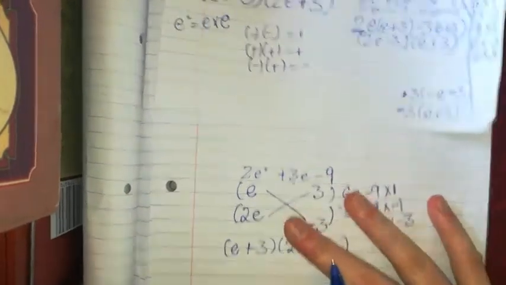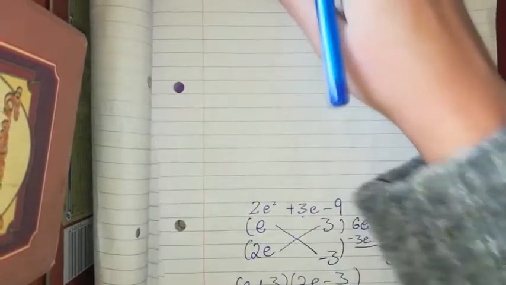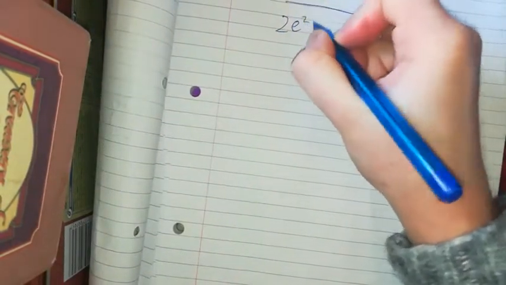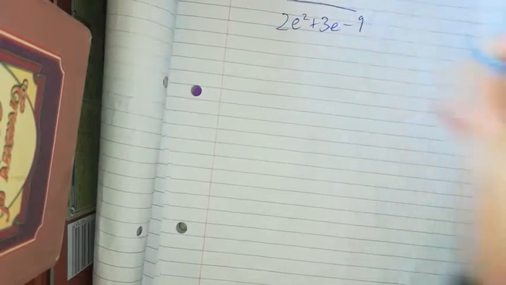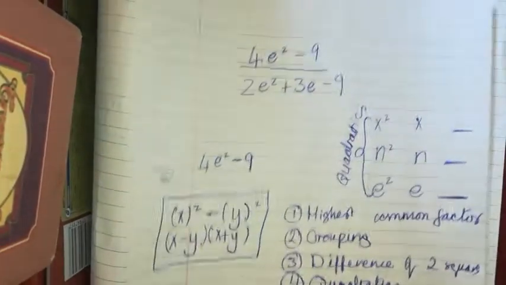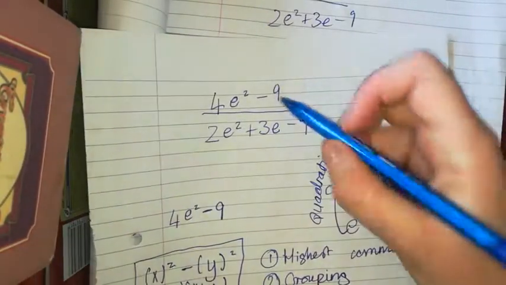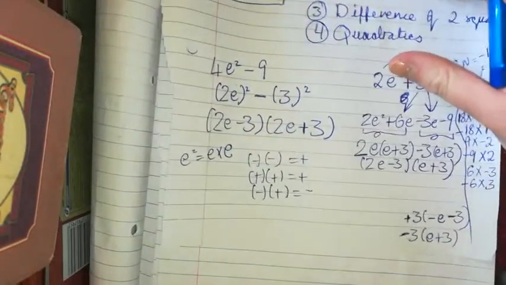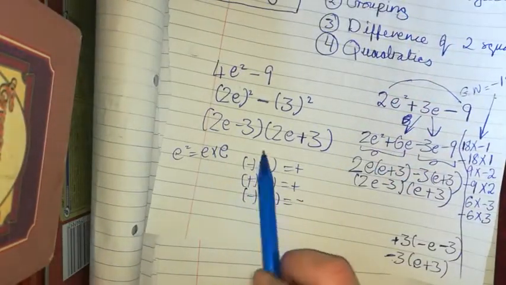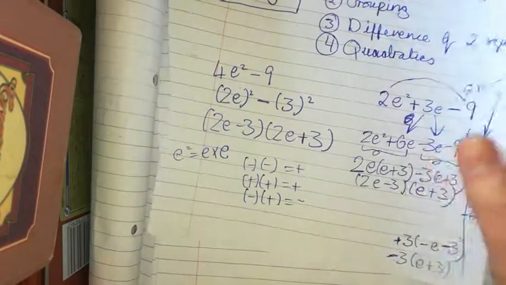So now I'm going to go back to my question. My question was 4e squared minus 9 over 2e squared plus 3e minus 9. When I factorized the first part, it was a difference of 2 squares, and I got 2e minus 3, 2e plus 3.